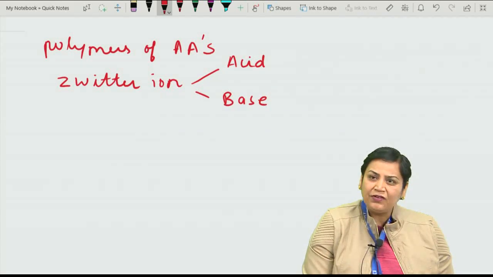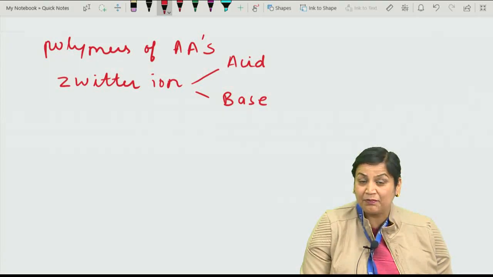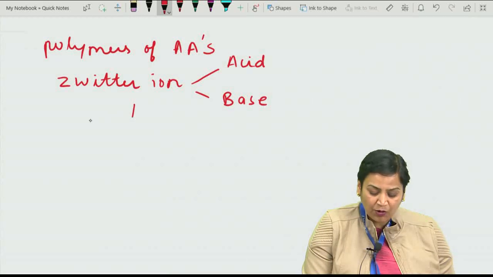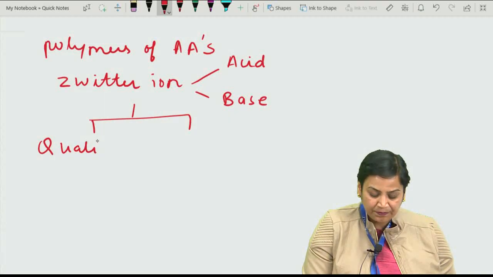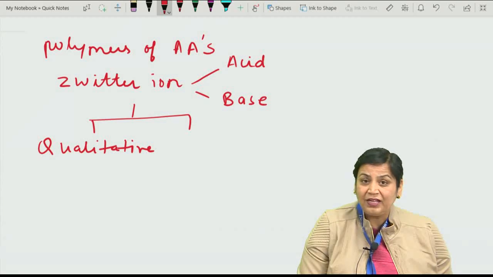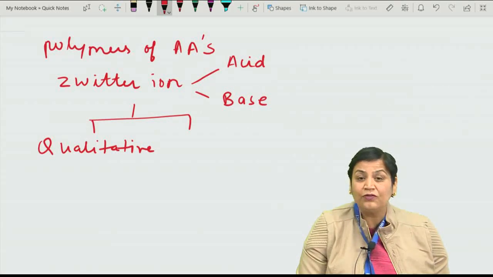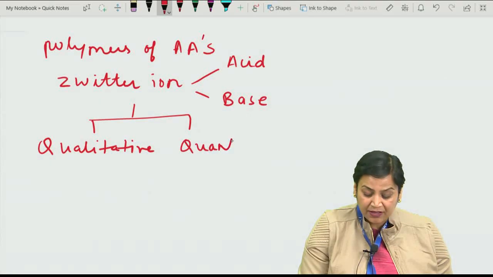Now whenever we have to detect the presence of proteins, practically there are two types of tests. One is qualitative. Qualitative means by seeing the quality of the color, we can say this protein consists of this amino acid. Second is quantitative.